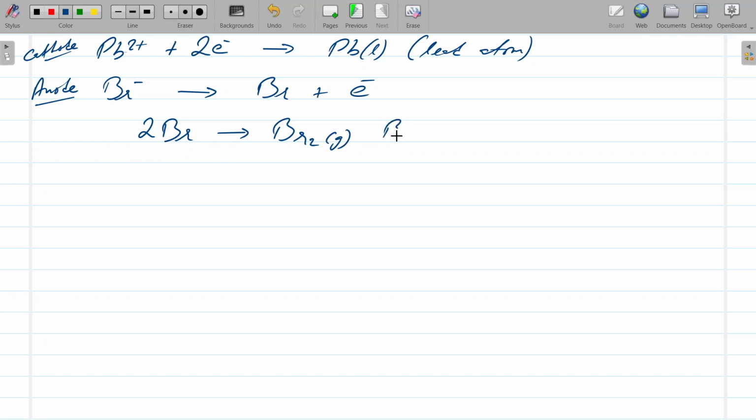So these are bromine atoms, and this is a bromine molecule. Remember that molecules are when more than one atom join together. And because you've got two atoms of bromine joining together, and it's the same element, this is a diatomic molecule of the same element. It's a bromine molecule.